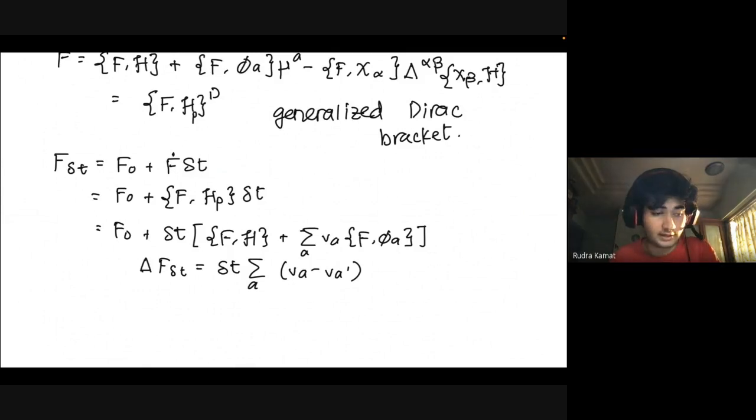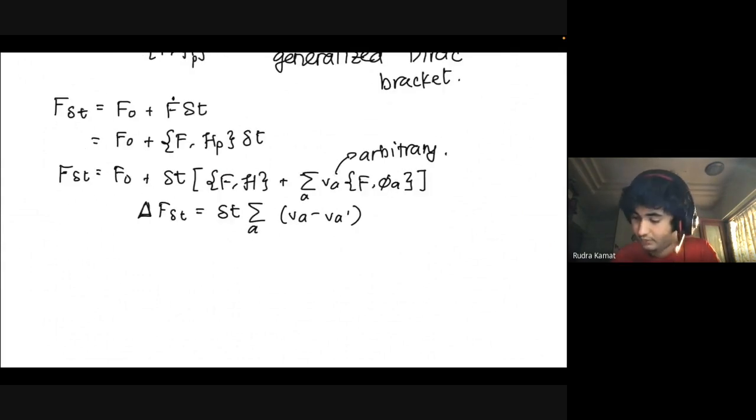So I'm now taking the difference of two such f delta t expansions with differing va, because va was totally arbitrary undetermined constant. So let's just take two different va, and when I subtract one f delta t from the other that have differing vas, the first Poisson bracket with the Hamiltonian just vanishes because that's the same, and we just get this difference of va and va prime.